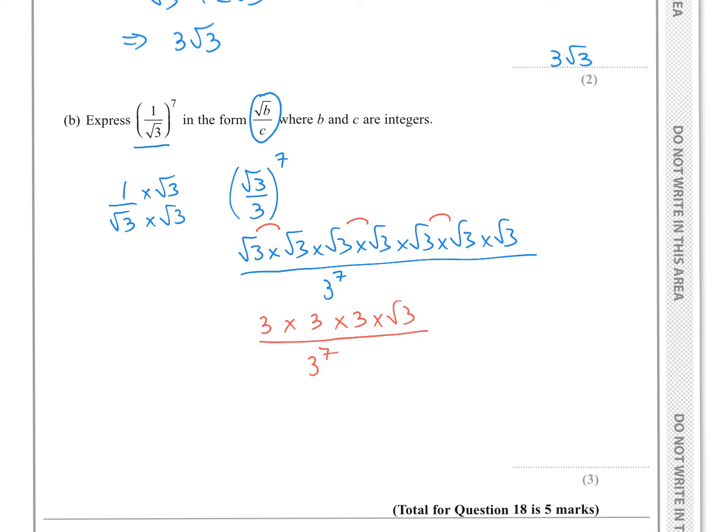Now if you look carefully, you've got 1, 2, 3 powers of 3 here, which will cancel with 3 powers of 3 here to leave us with root 3 on top, and then 3 to the power 4 underneath. And 3 to the power 4 is just 3 times 3, which is 9, times 3 times 3, which is 9.